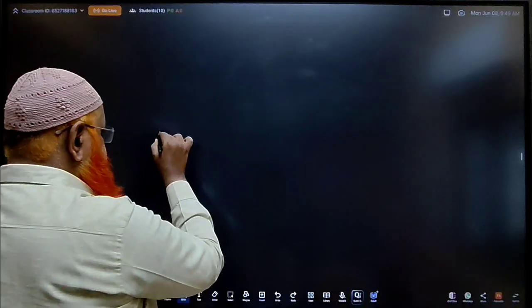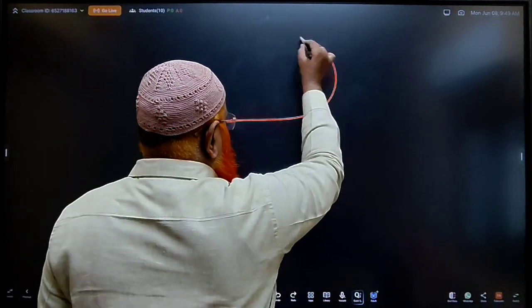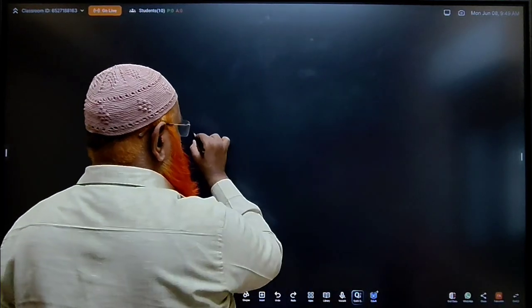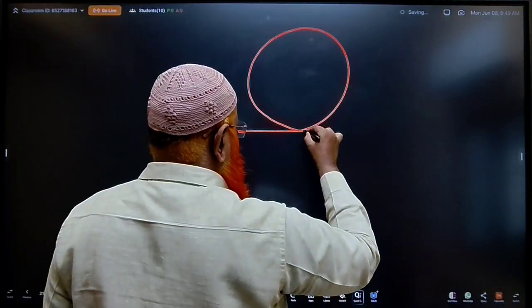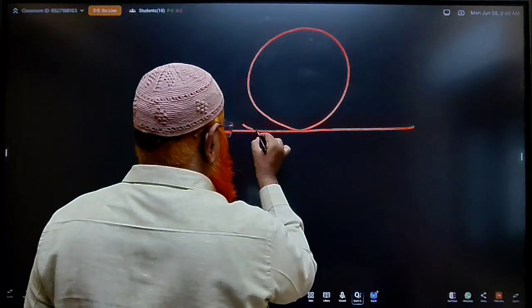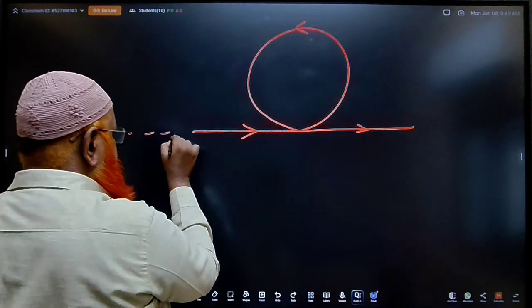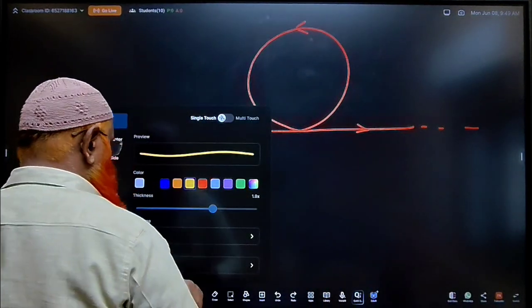Another model is, see here, this is a wire and a circle, going like this, and this is infinitely long. See here now.